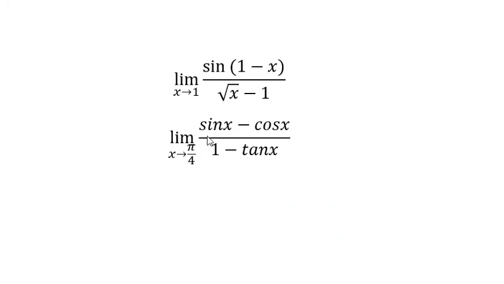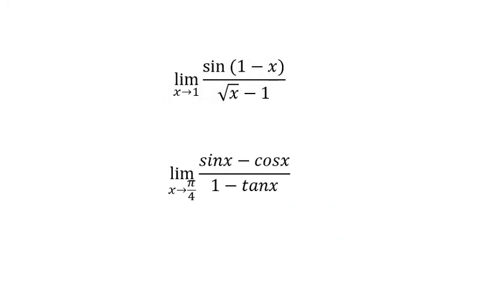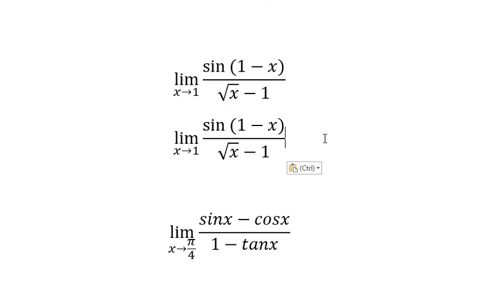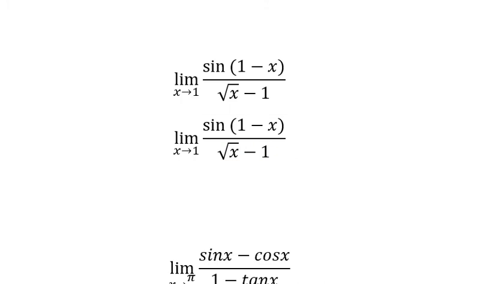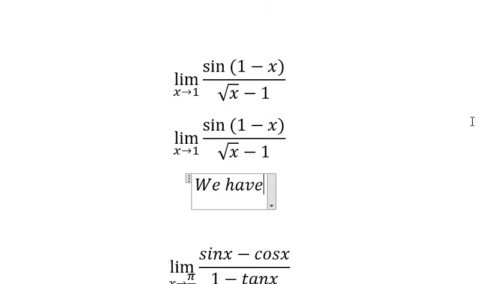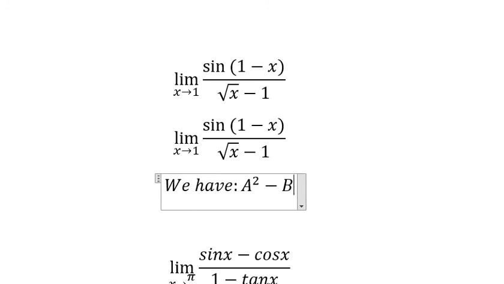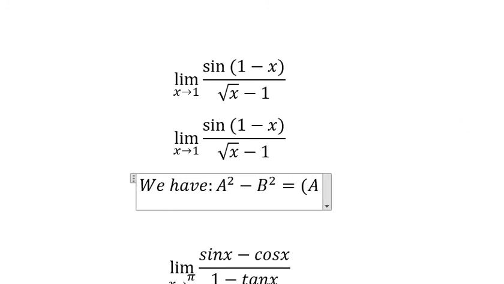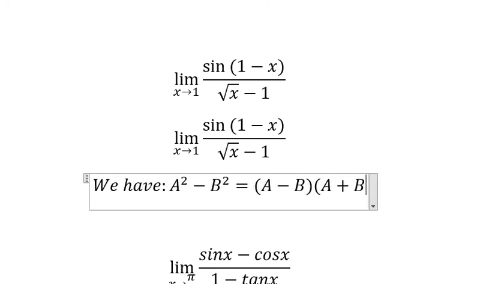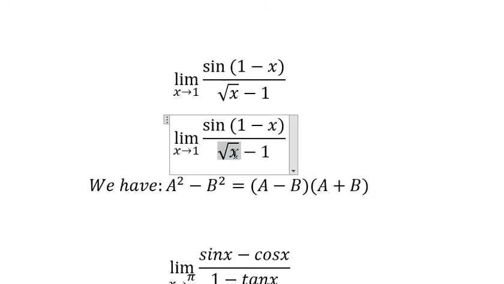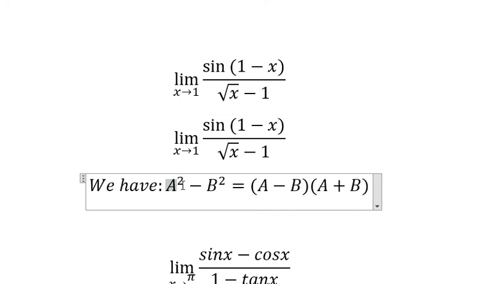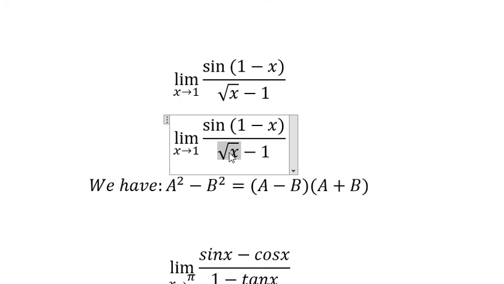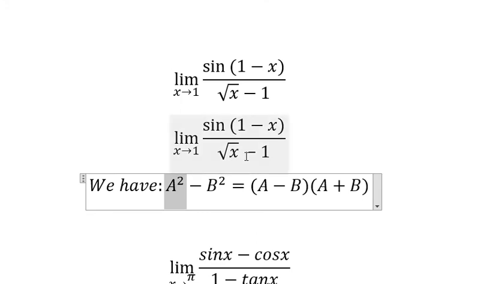Now let's go to the next one. About this one, we apply the formula here: a squared minus b squared equals a minus b multiplied by a plus b. So this one is capital A, this one is capital B. To create a squared minus b squared, we need to multiply by a plus b, because I want to cancel the square root by the power 2 here.